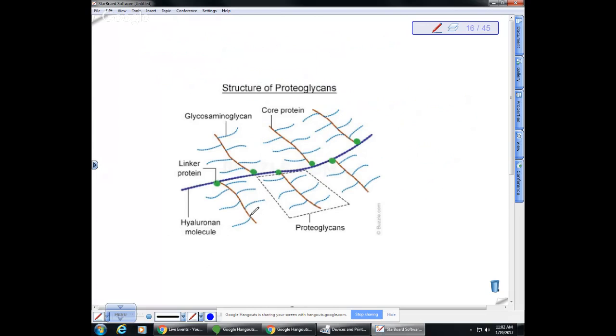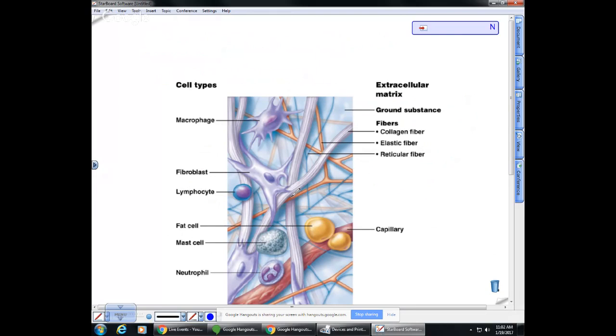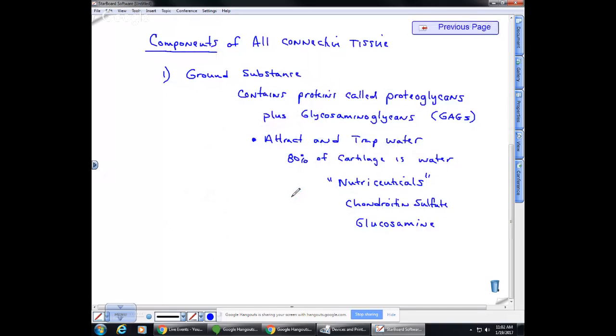And so if you have lots of these, your cartilage and other types of connective tissue are going to be more fluid rather than viscous. Okay. And that's important when we talk about fluidity of joints and movement of the joints. Okay, so that's the ground substance.